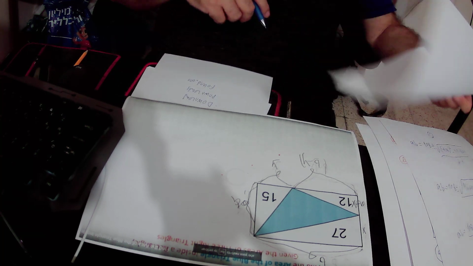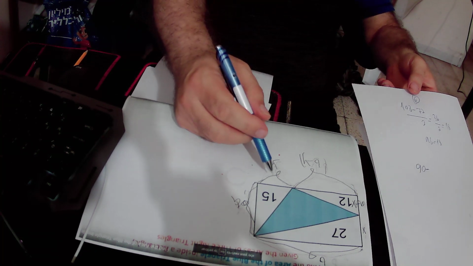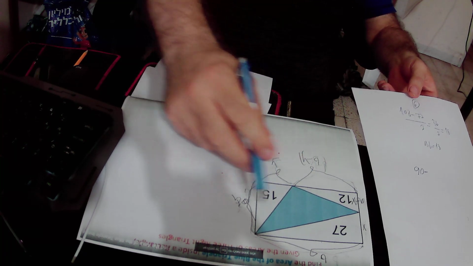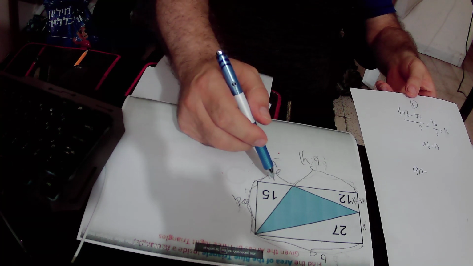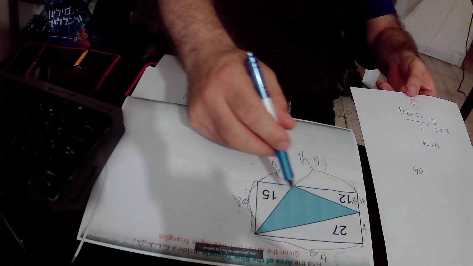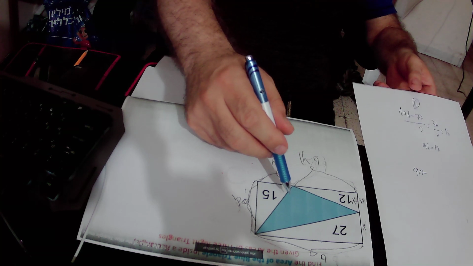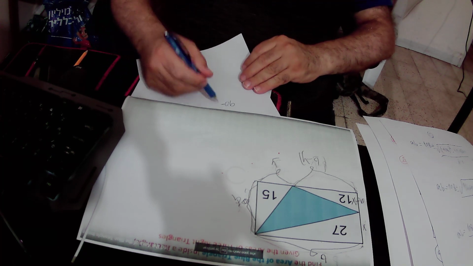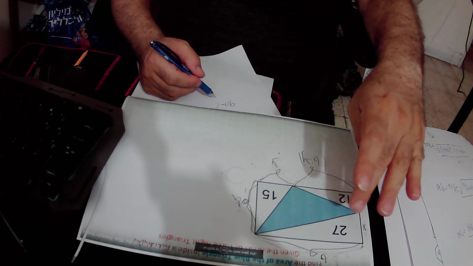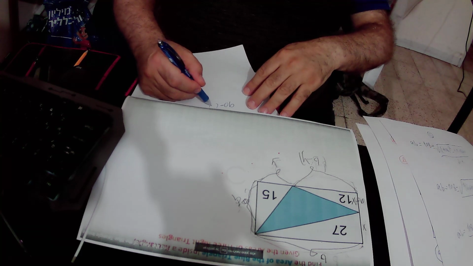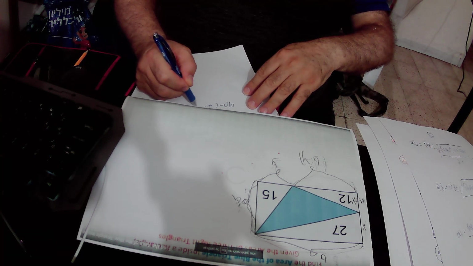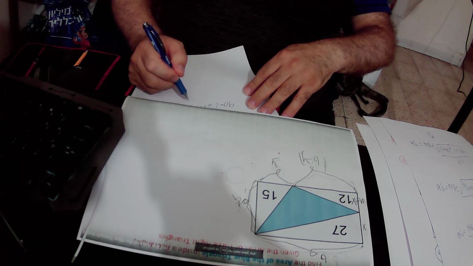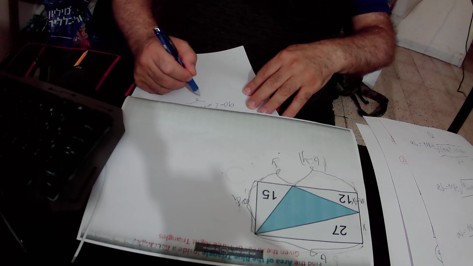But as I already told you, the area of the rectangle minus the sum of the areas of the three triangles equals the area of the blue triangle. So it is 90, that is the area of the rectangle, minus the sum of the areas of the three right triangles, that is 27 plus 12 plus 15. That is in total 54 units.